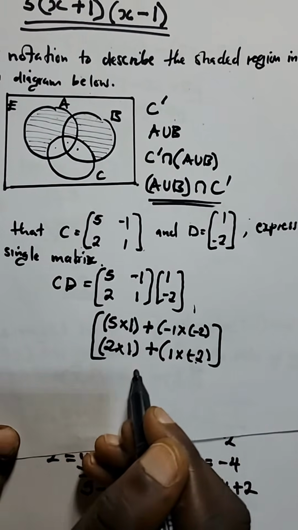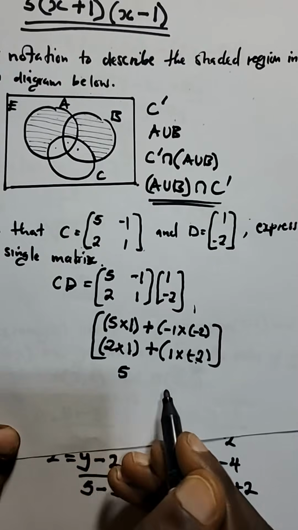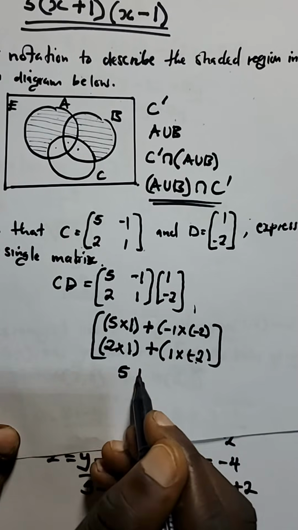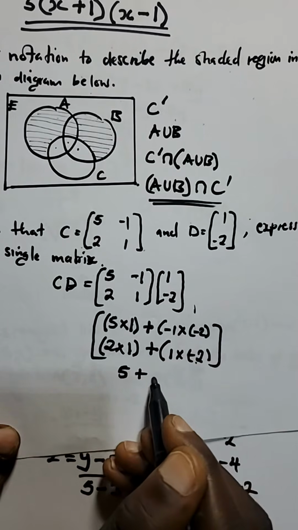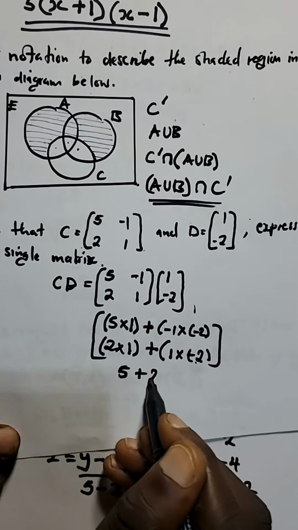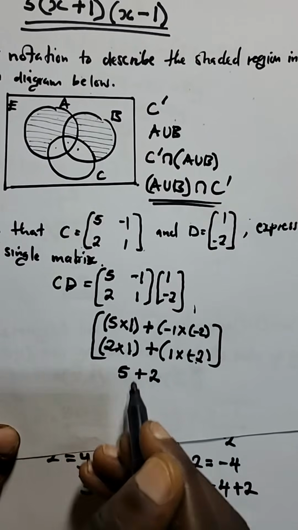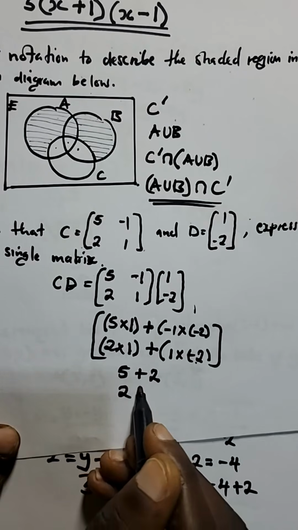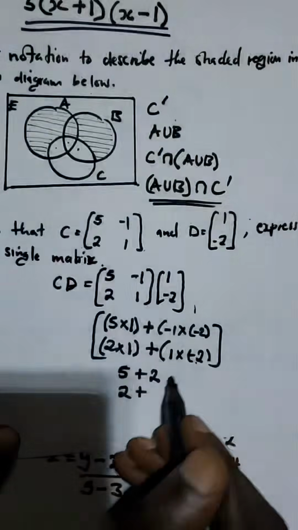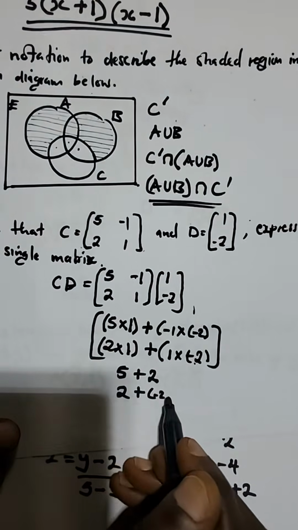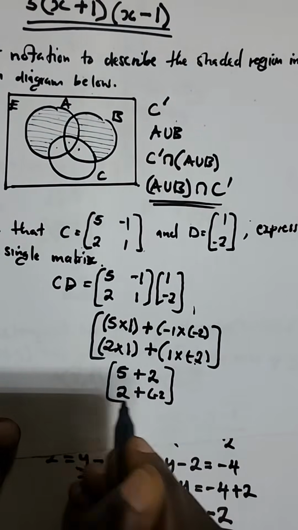What is 5 times 1? It is 5. Okay, plus -1 times -2 is positive 2. Okay, then down here we have 2 times 1, which is just 2, plus 1 times -2 is -2, and this is what we are having so far.